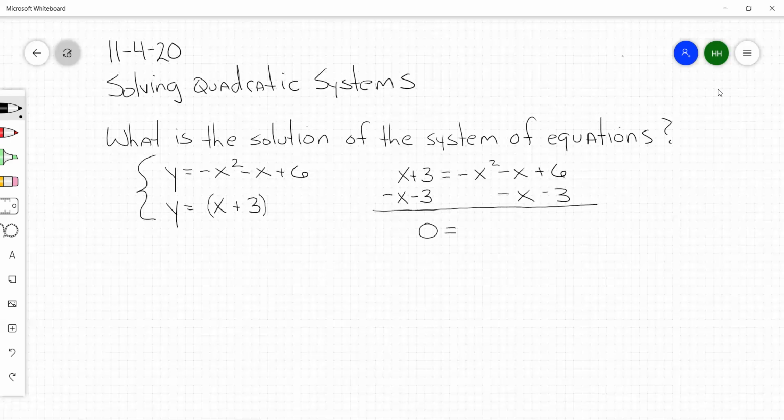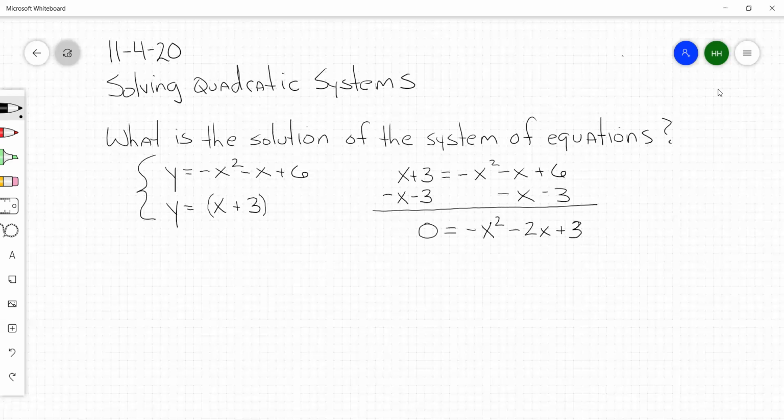On the right-hand side, you get negative x squared, negative x minus x, that's a negative 2x, and then you have a positive 6 and a negative 3, and that gives you a positive 3.